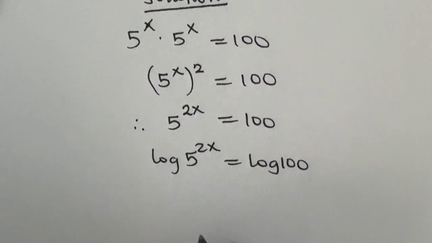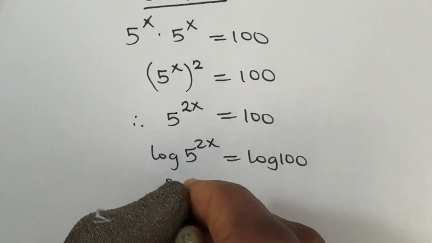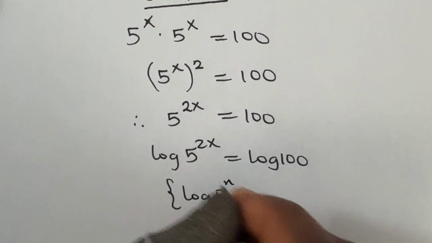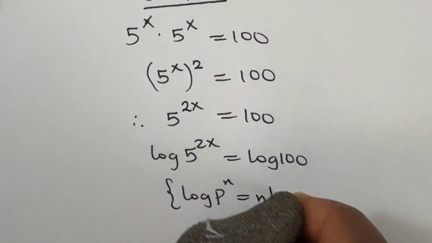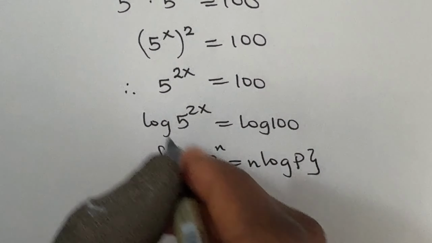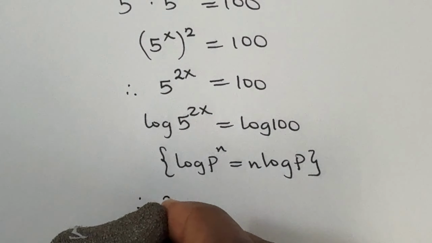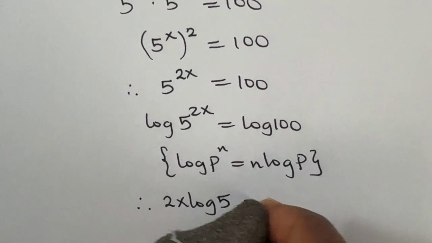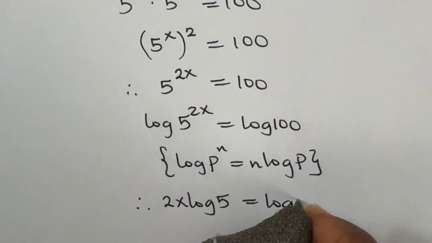And by logarithm, given log p raised to power n, this can be expressed as n log p. Therefore, we would have 2x log 5 is equal to log 100.